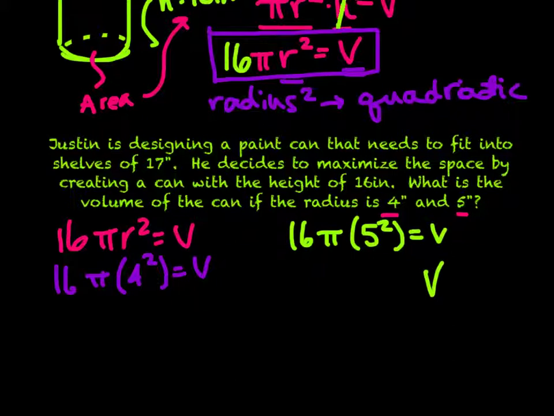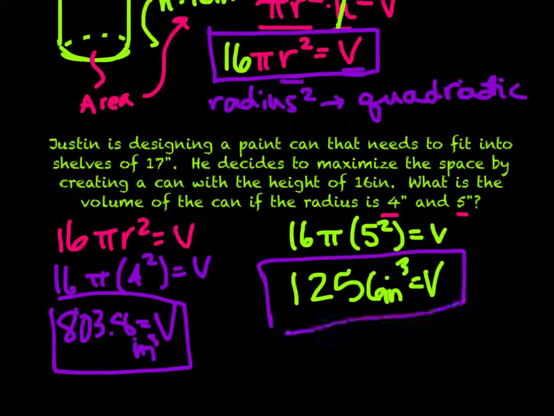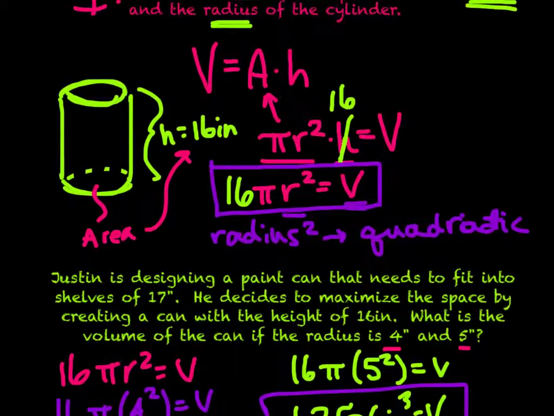The volume for this situation is going to be 1,256 inches cubed because it's volume. And the volume for our other paint can would be 803.8 inches cubed. So those would be our two volumes. We've just solved an equation. Actually, we've solved two equations, and we figured out that this particular situation is quadratic.